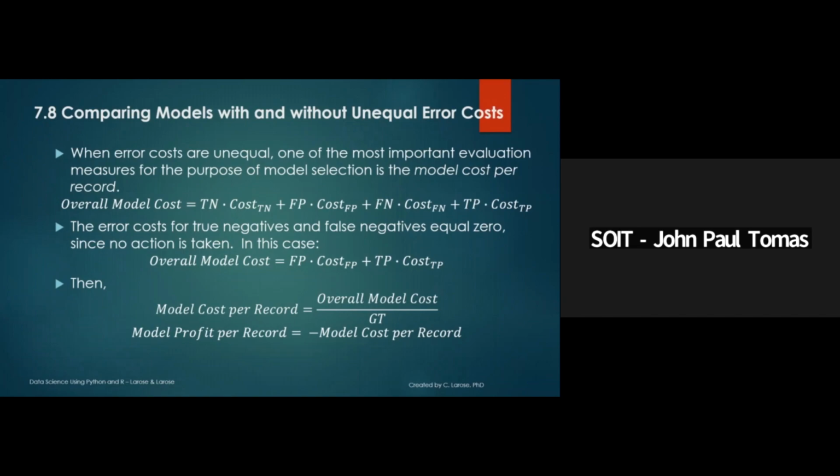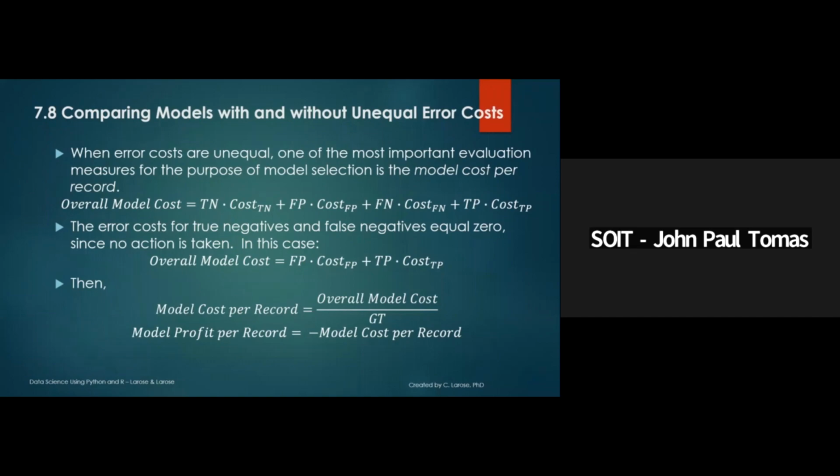Now, the error costs for true negatives and true positives are equal to 0 since no action is taken. So in this case, the overall model cost will be FP multiplied by cost sub FP plus TP multiplied by cost sub TP. And then you will have the model cost per record and the model profit per record.